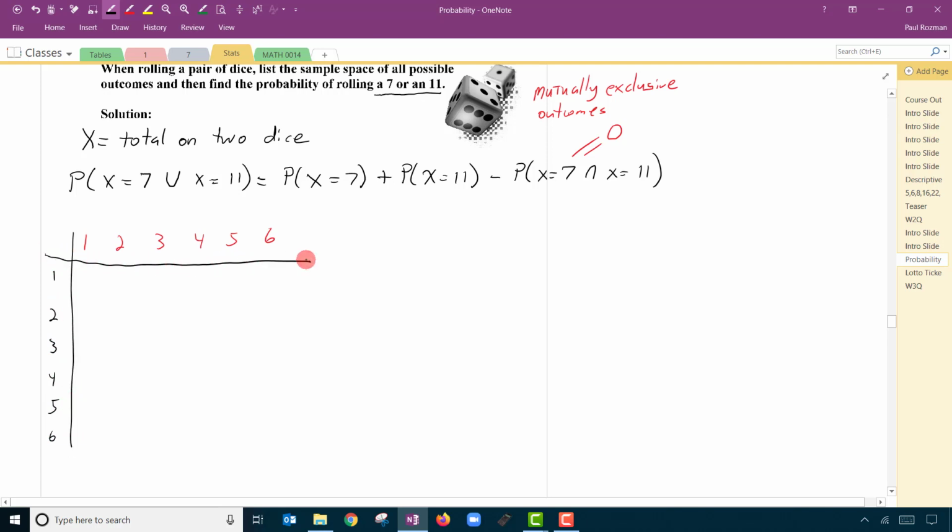We can figure out all our totals using this nice little chart. If you get a 1 and a 1, your total is 2. A 1 and a 2, your total is 3. And the chart is super easy to fill in because it's a nice pattern here.